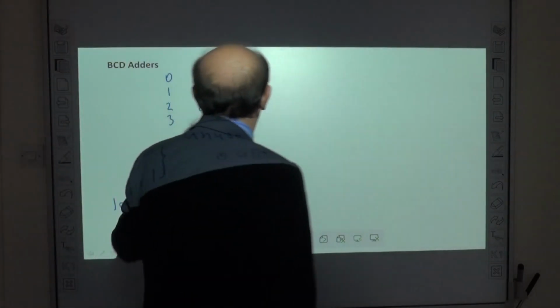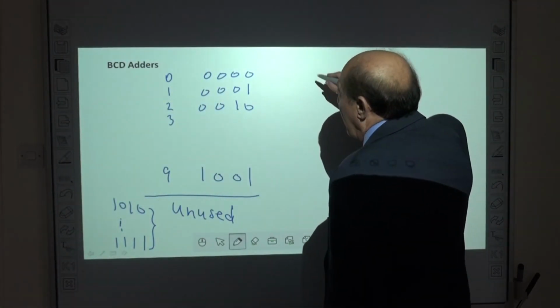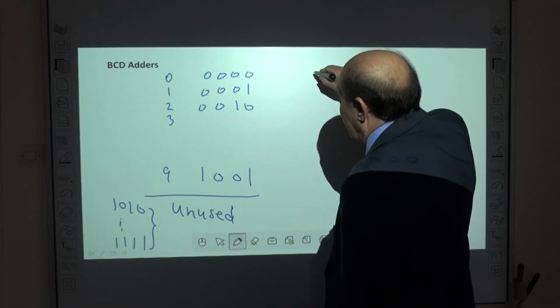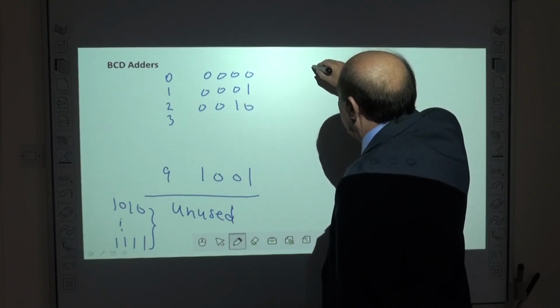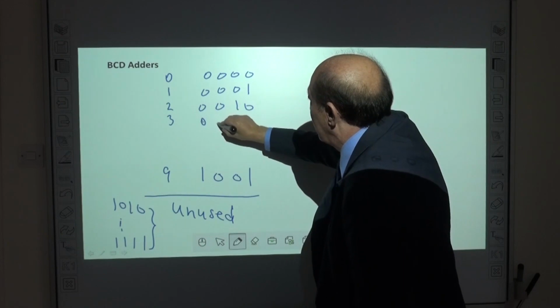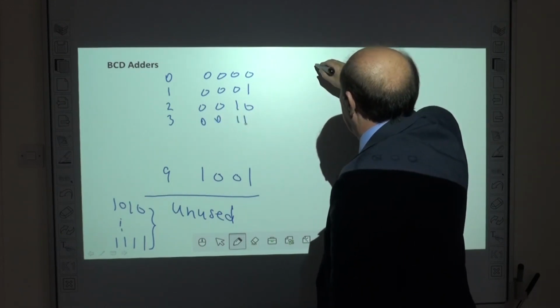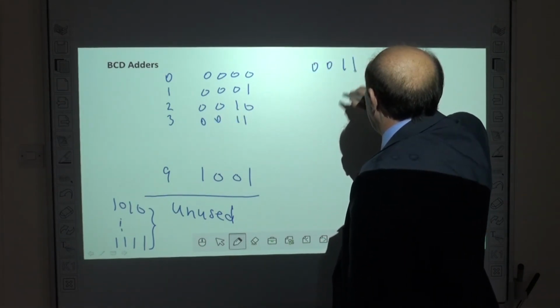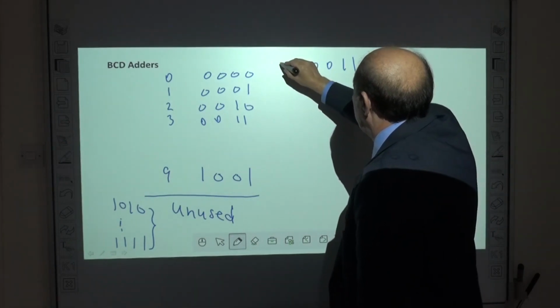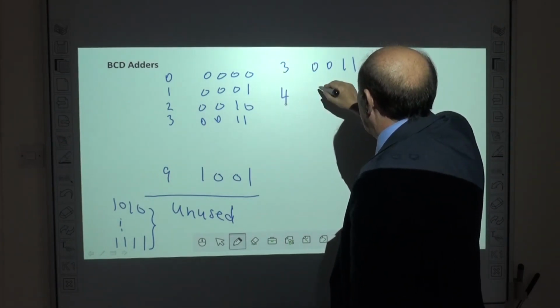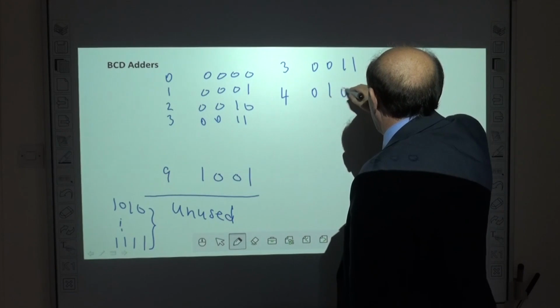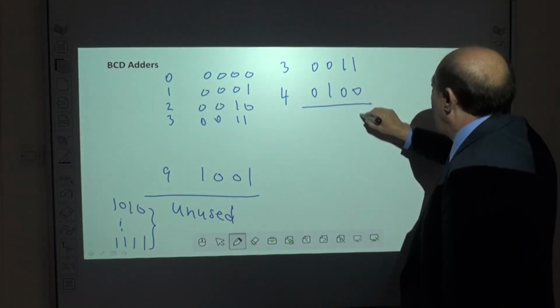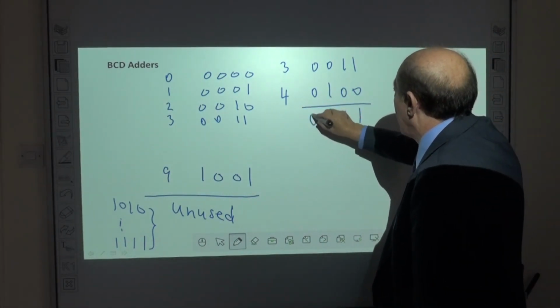These are the decimal digits. If we are adding two decimal digits, for example, 3, which is 0011, with 4, the BCD code for 4 is 0100, the result is 0111.